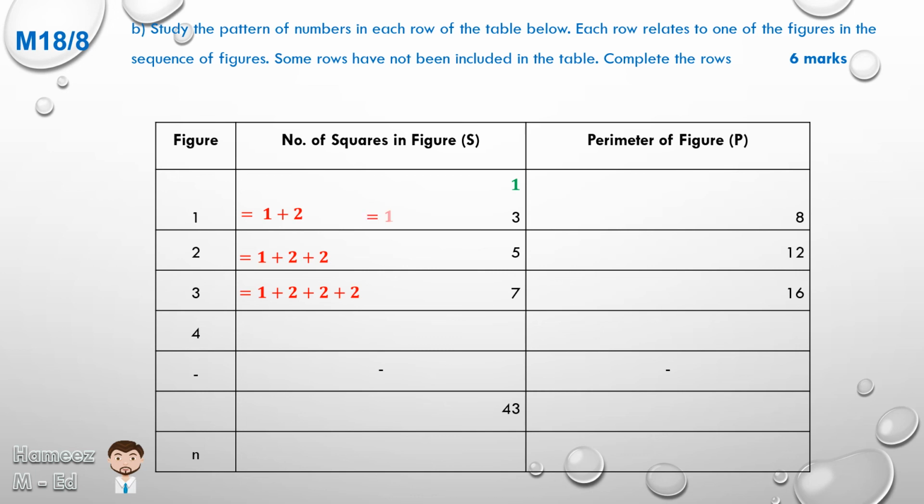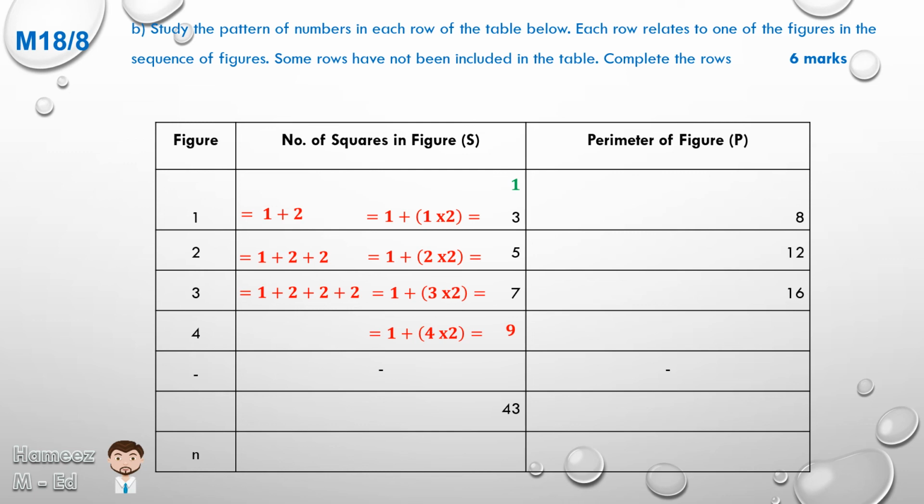In the first case, it will be 1 plus 1 times 2. In the second case, it will be 1 plus 2 times 2, because there are 2 twos there, and that'll still give us a 5. In the third case, figure 3, it'll be 1 plus 3 twos. So if we follow that format in figure 4, it'll be 1 plus 4 twos, and 4 twos are 8 and 1, that will give us 9.